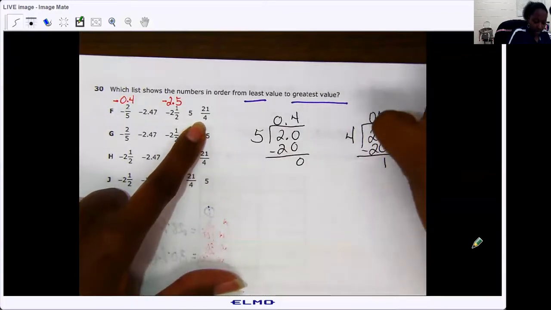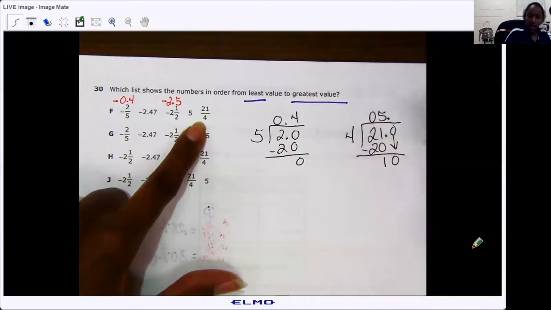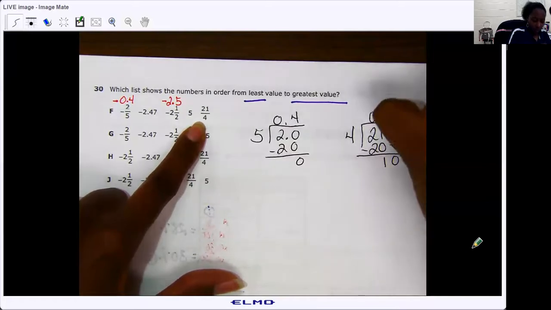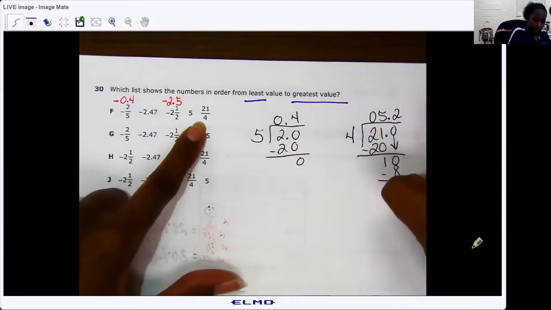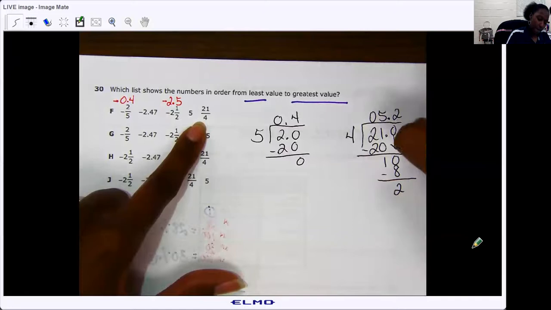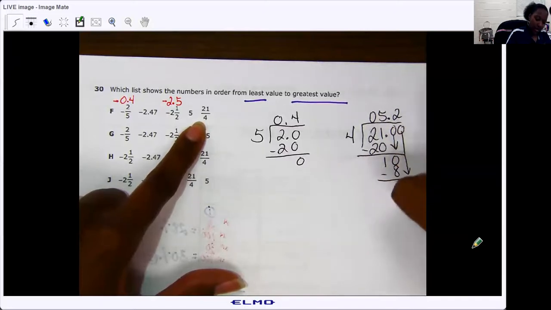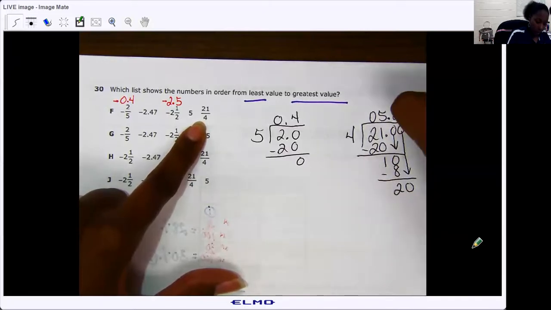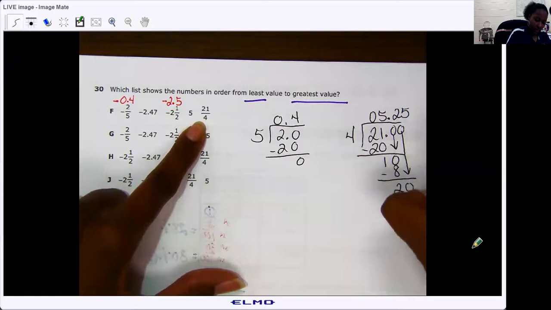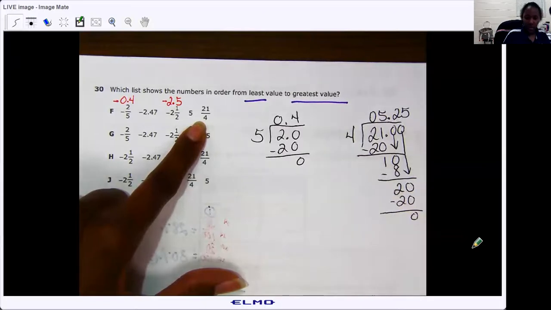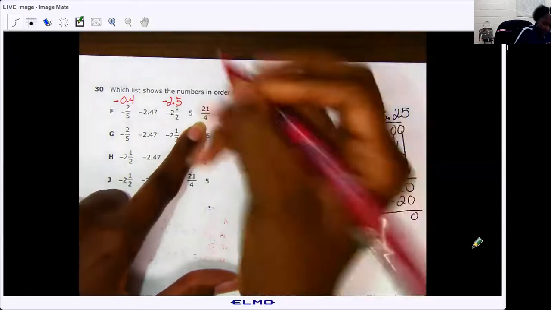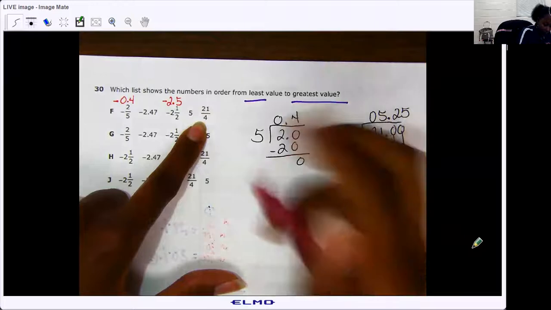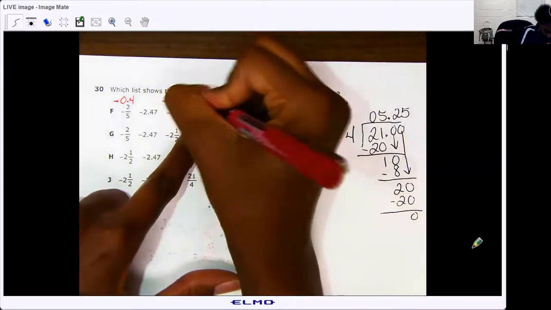Add my decimal and my 0. 2 times 4 will give me 8 with 2 left over. And then 5 times 4 will give me 20. And now I'm zeroed out. So my equivalent is going to be 5.25 for this fraction.